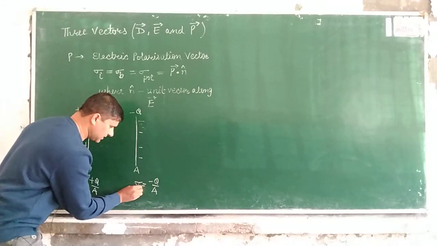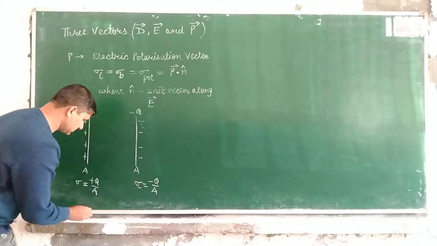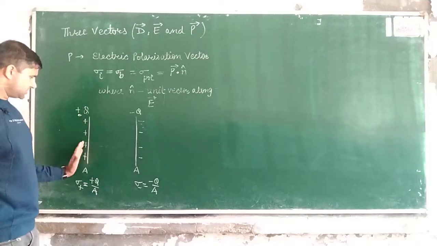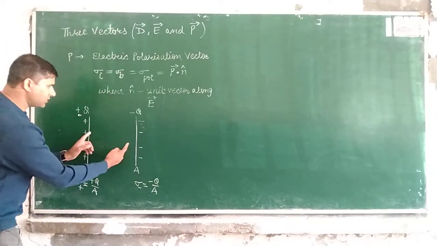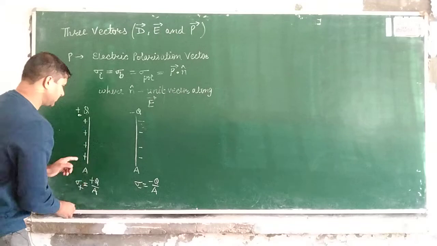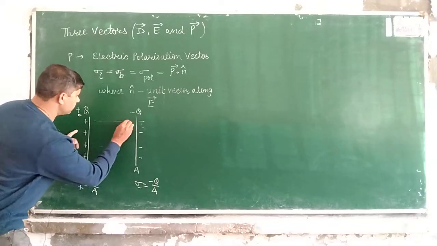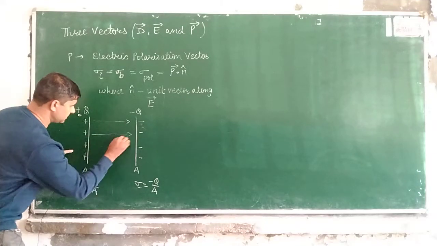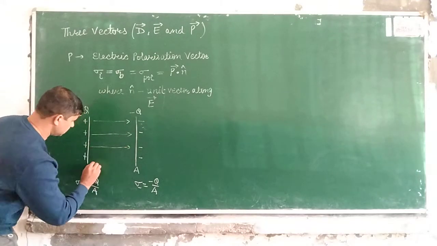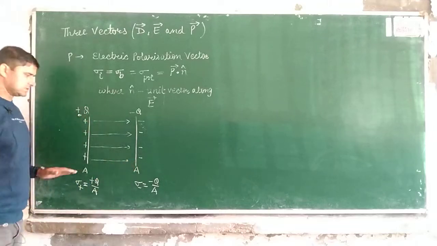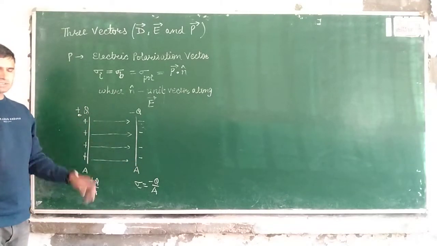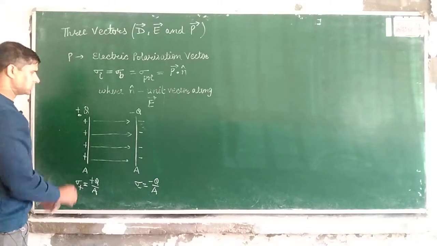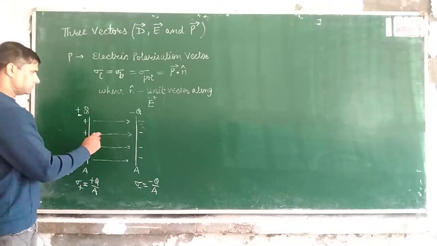Let me write it like this: sigma minus and this is sigma plus. Due to these surface charge densities, there will be an electric field in between this space and its direction will be from positive to negative. So these will be electric field lines, and you can see the electric field lines are straight lines and equidistant from each other. So the electric field in this region will be uniform.